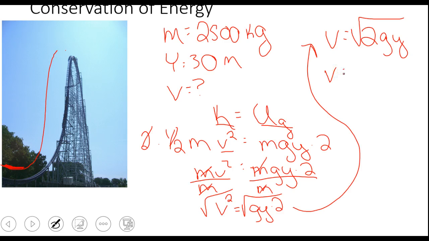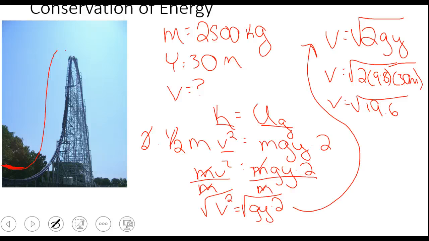So this thing needs to be going square root of 2 times 9.8 times 30 meters. 2 times 9.8 times 30 is going to be 588. And the square root of 588 is going to be 24.2 meters per second for that cart to get up that hill.